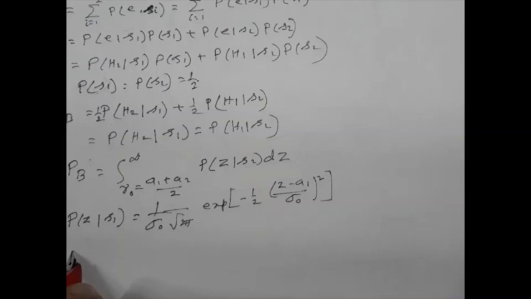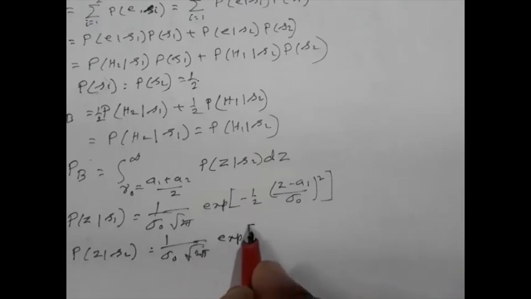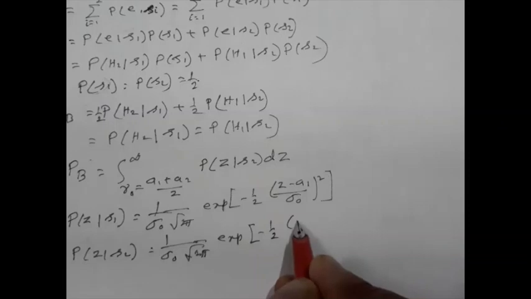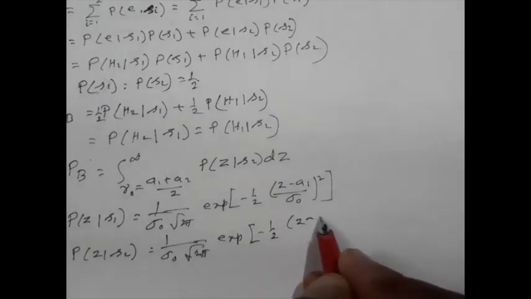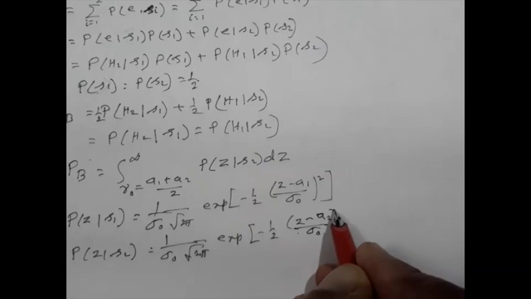Also, in identical fashion, p(z given S2) equal to 1 by sigma 0 root over 2 pi times exponential of minus half ((z minus A2) divided by sigma 0) squared.